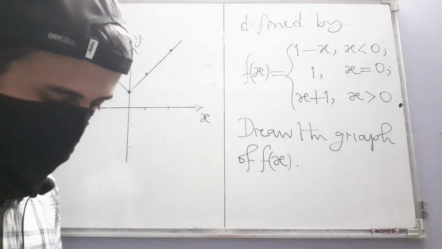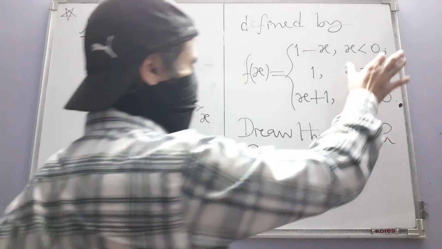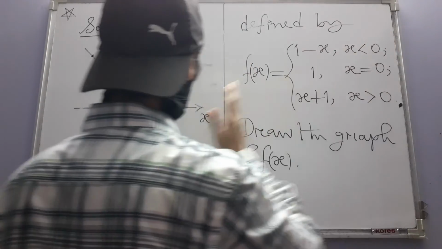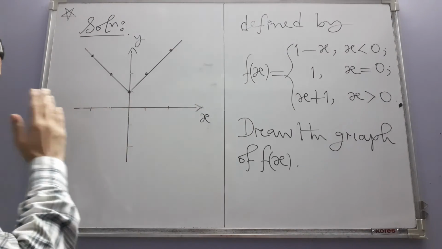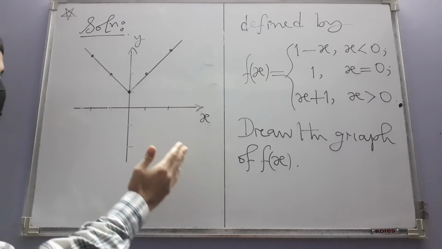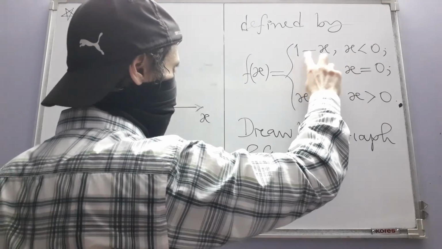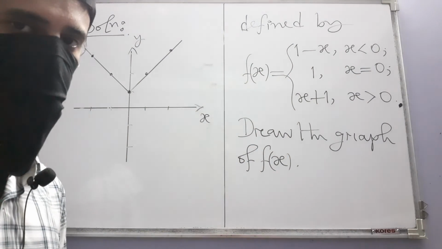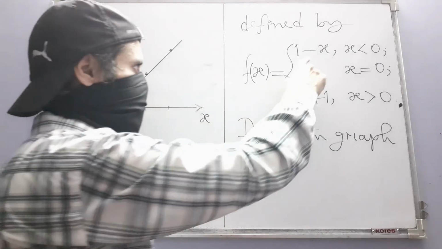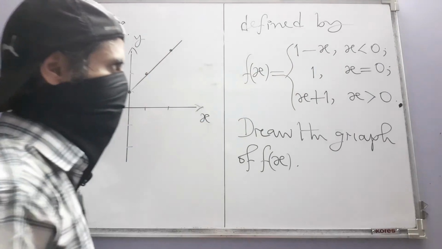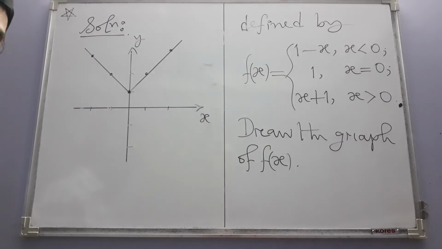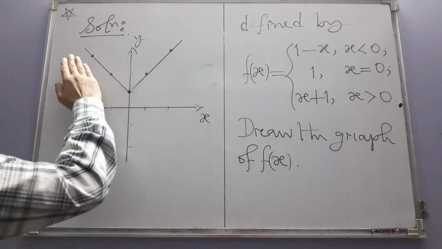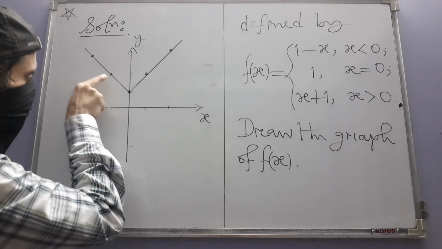Because I know that in the negative part of the real axis, the x-axis, this is the function. f(x) is 1 minus x. That's a linear function where m is minus 1 and c is 1. So its graph is going to be a straight line. I already know that. And the straight line has to pass through these 2 points.